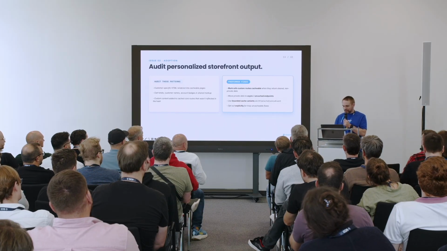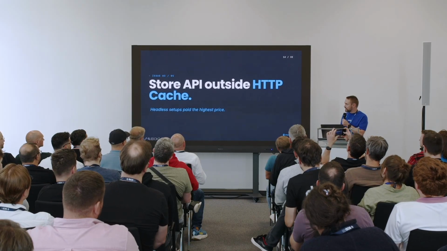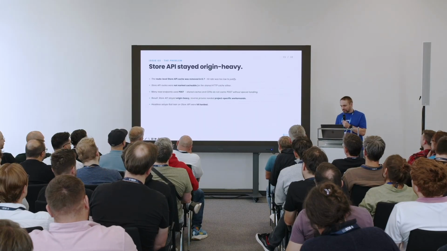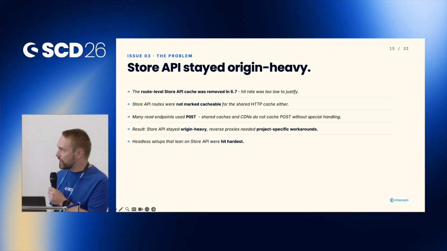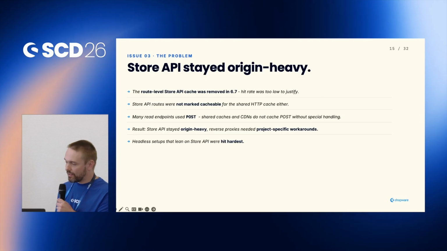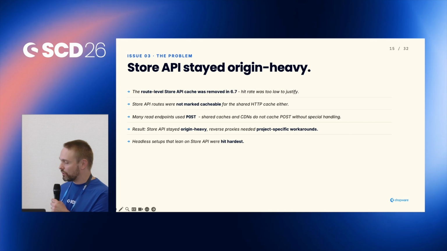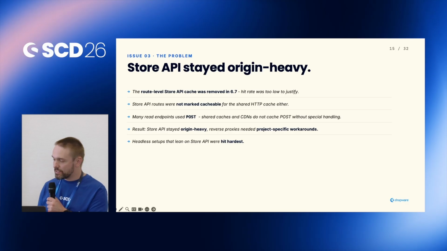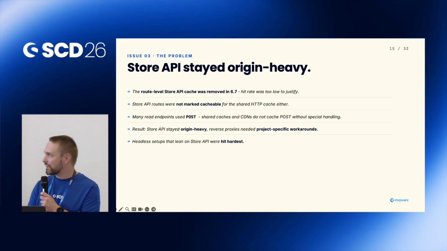So another problem we've taken care of is that Store API stayed outside of HTTP cache. Basically, as Jonas mentioned before, root level Store API cache was removed in 6.7 with previous rework. But at the same time, Store API roots were not marked cacheable for shared HTTP cache. At the same time, many read endpoints used POST, and POST is not cacheable by default.